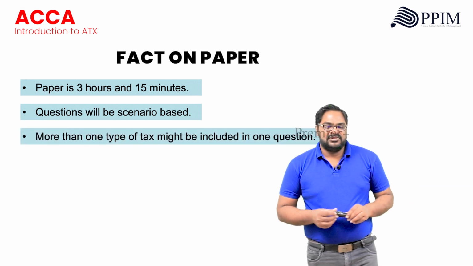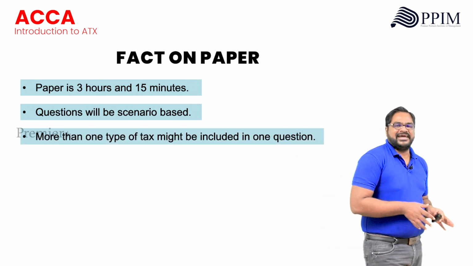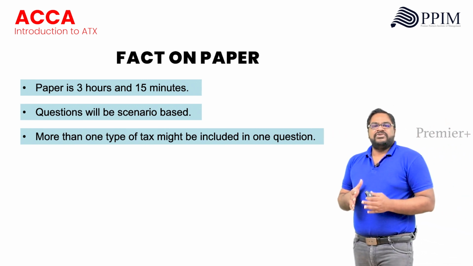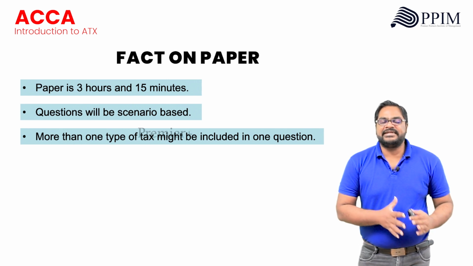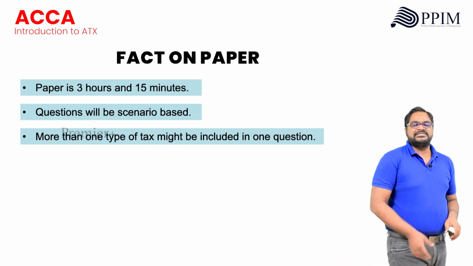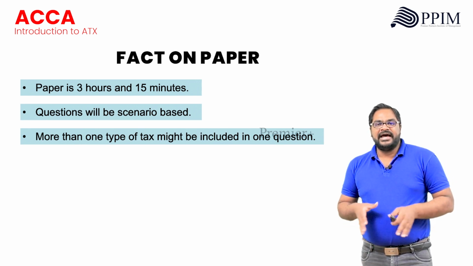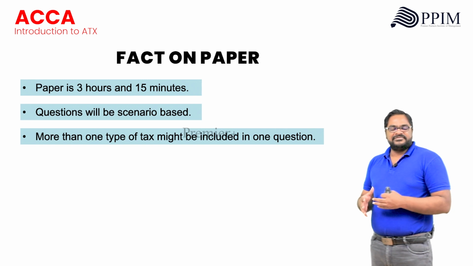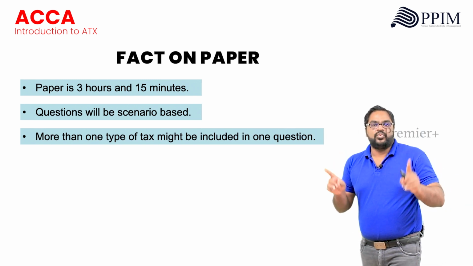Then, more than one type of tax. Earlier in F6, in most of the questions we were dealing with one tax at a time. But when it comes to ATX, we will be looking at more than one, sometimes 3 to 4 types of taxes in one question.